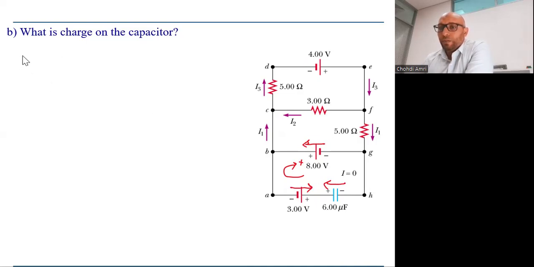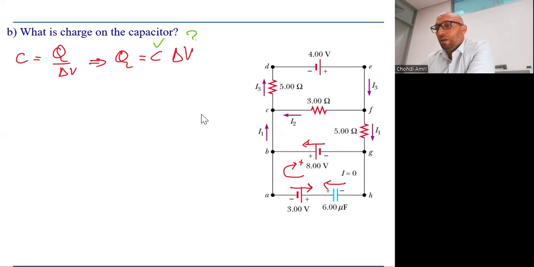As you know, C equals Q over delta V. That means Q will be equal to C delta V. C we know is 6 microfarad, but we don't know delta V. We get delta V from the loop rule, on the lower loop.